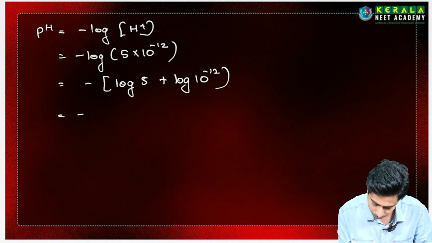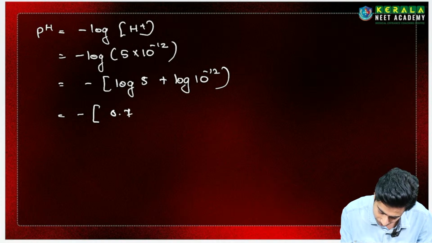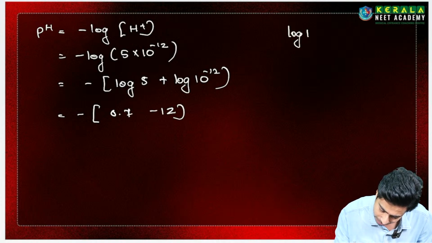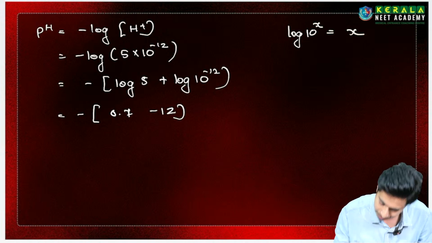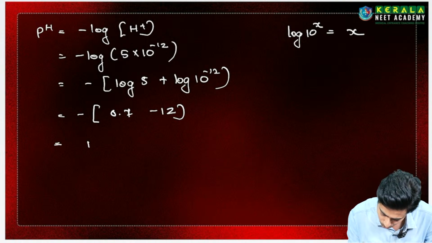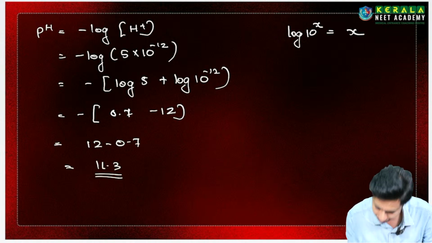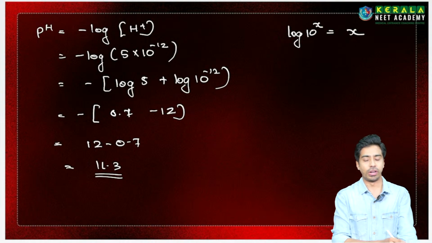Log 5 is equal to log 10 by 2, and solving you get 0.7. Log 10 raised to x is equal to x, so log 10 raised to minus 12 is minus 12. That is equal to 12 minus 0.7, which is 11.3. 11.3 will be the pH value.